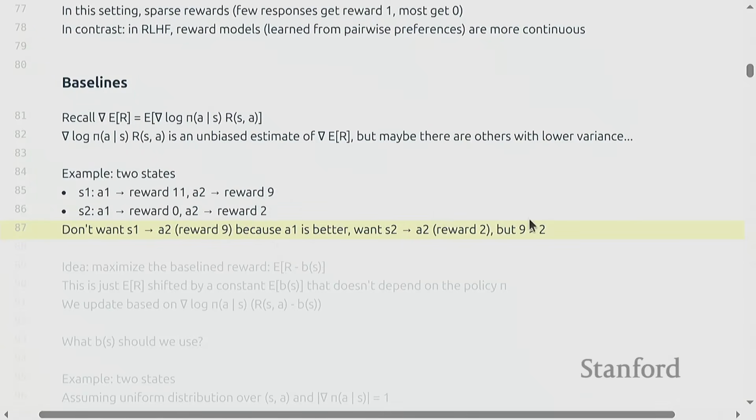So if 9 is greater than 2, and you're doing naive gradient updates, you might pick S1 going to A2, and you're just like, wow, this is great, I'm going to get 9 times the gradient. And then I look at S2, A2, and I say, well, that's only reward 2, so I'm pushing that up less.